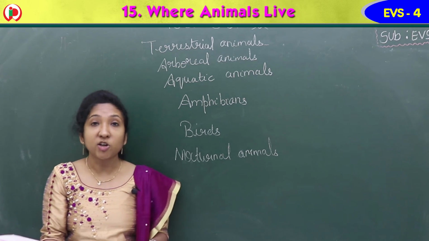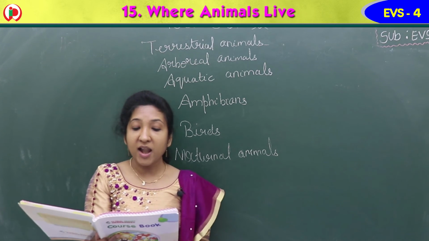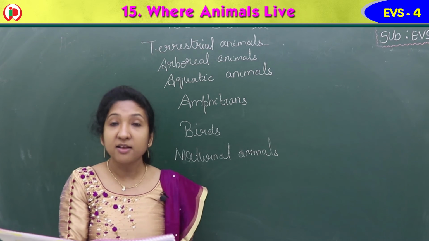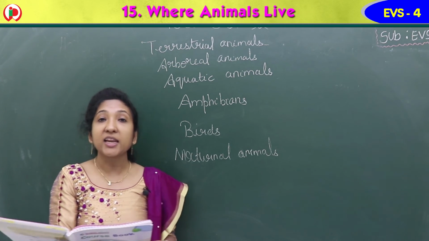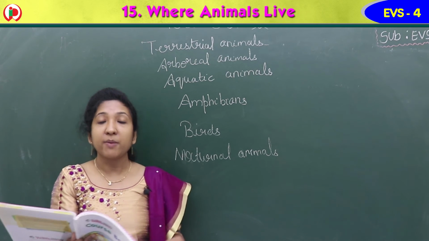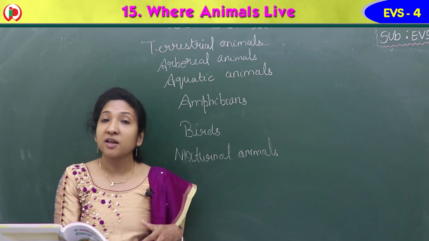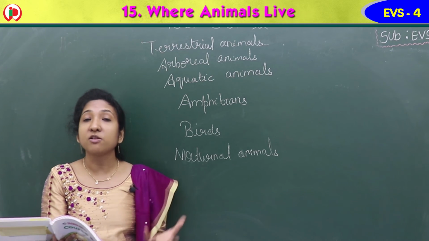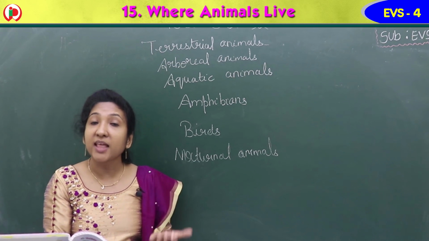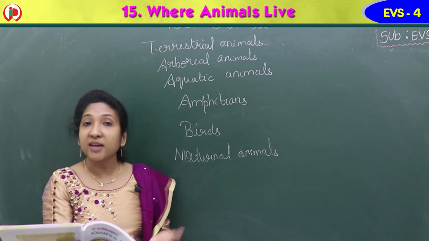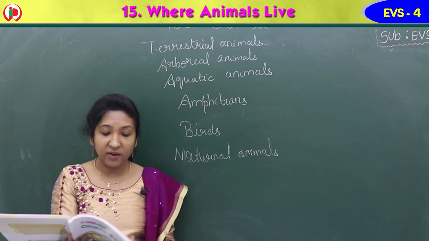Now, what all things did we learn? The main important points are: like human beings, all animals need shelter to protect themselves from adverse weather conditions and enemies, and to take rest.